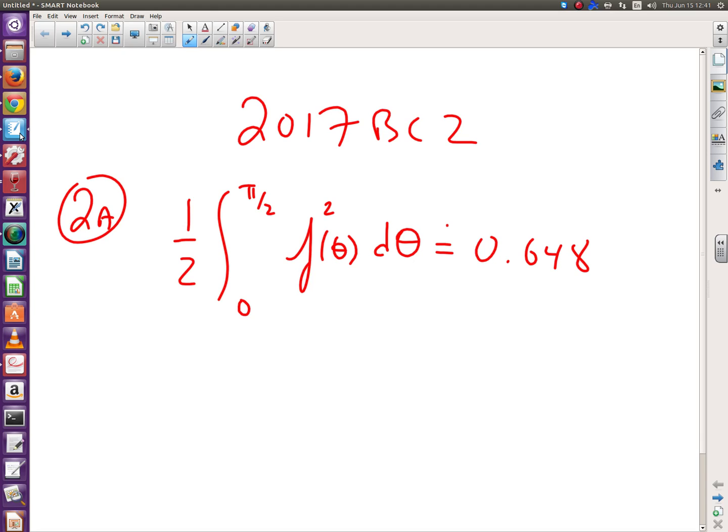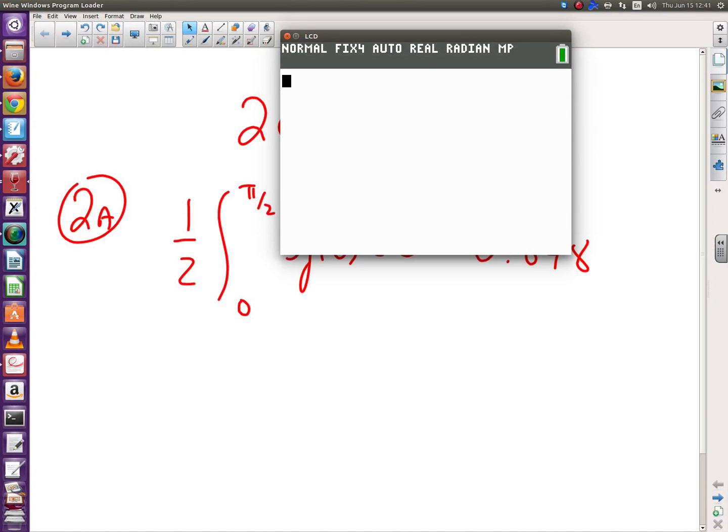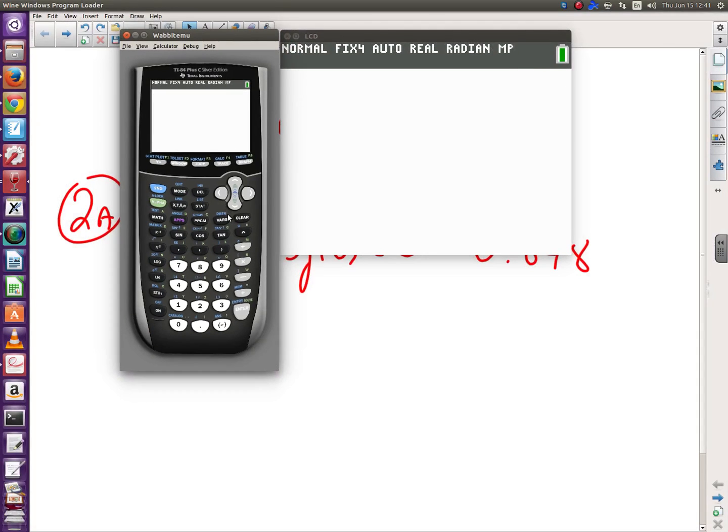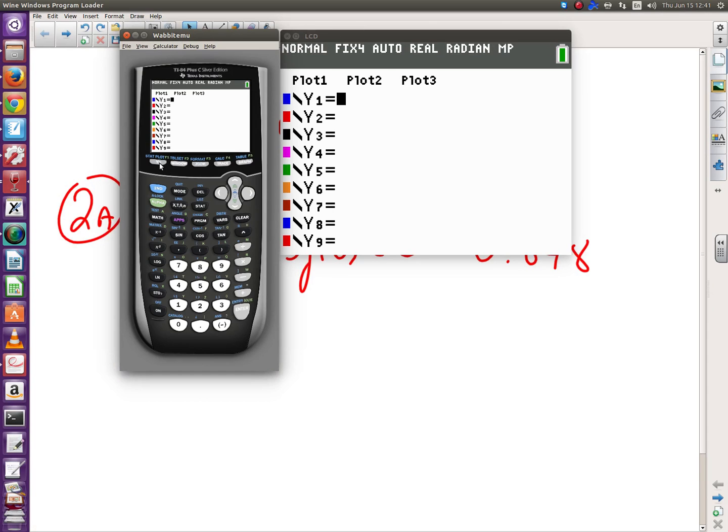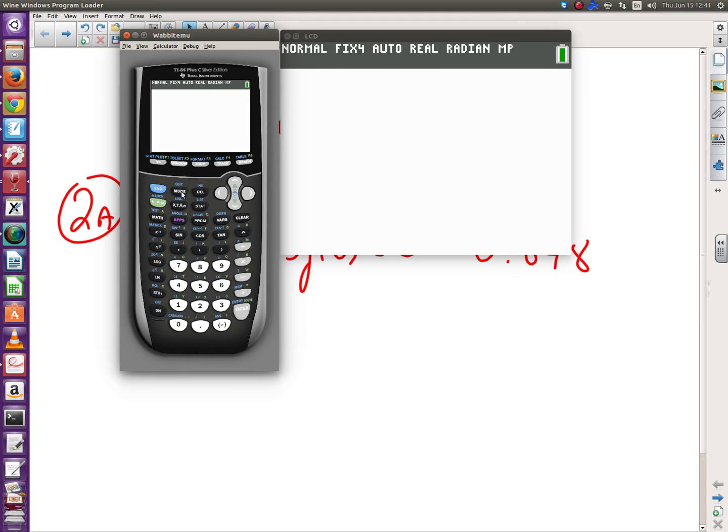So the idea here is to show the tech behind the TI-84. So let's do that. All right, let's go into y equals, and you don't want y equals, you want polar mode. Well, do we even have to graph it? No, we don't have to graph it. They give us the graph. So let's just do what we said.